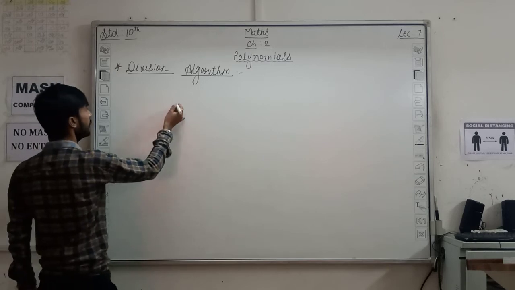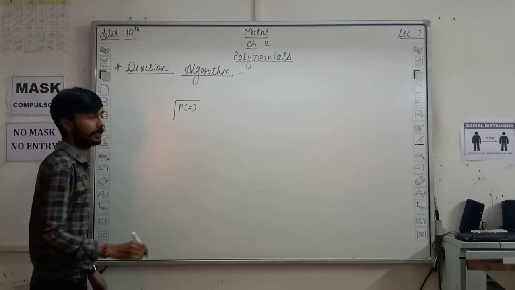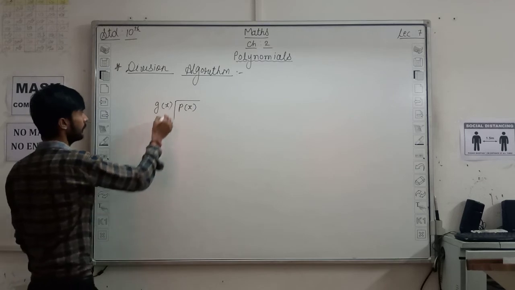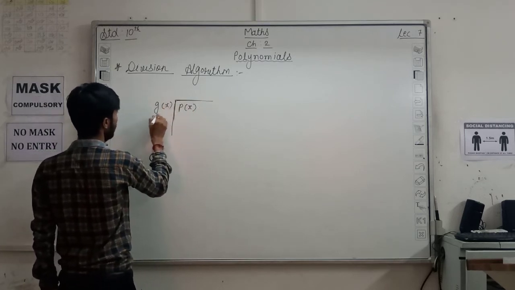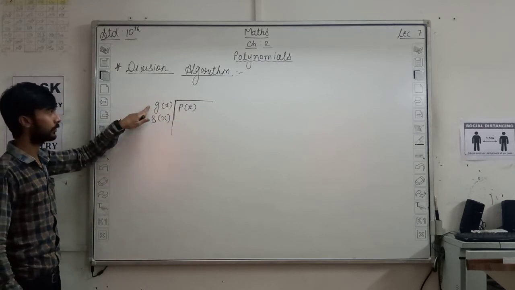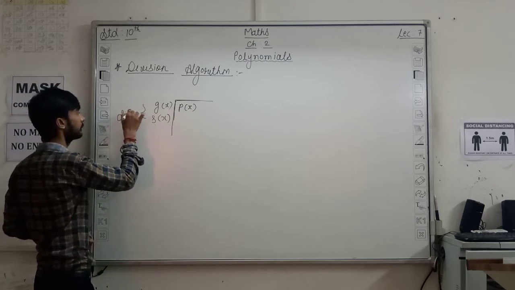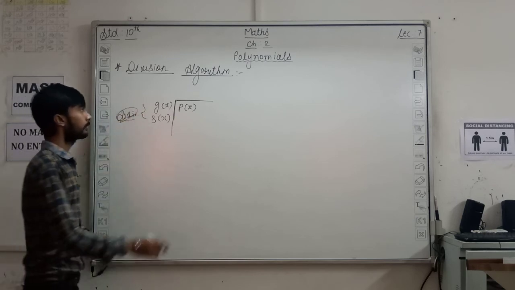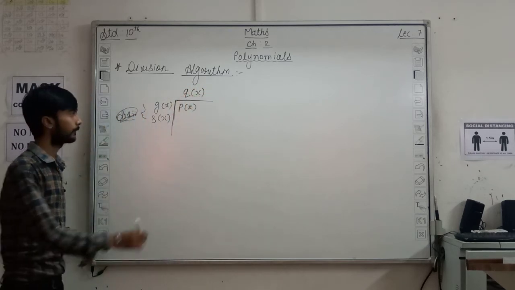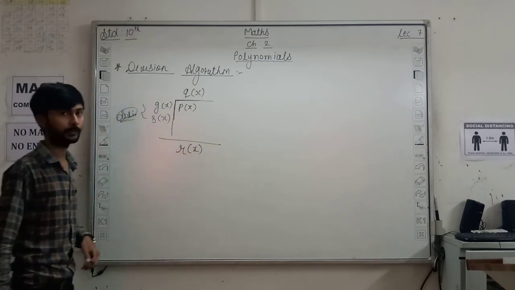As I said, if we divide any polynomial p of x by g of x or s of x, so we divide the dividend, that means p of x, by g of x, the divisor, then we get q of x as a quotient and r of x as a remainder.